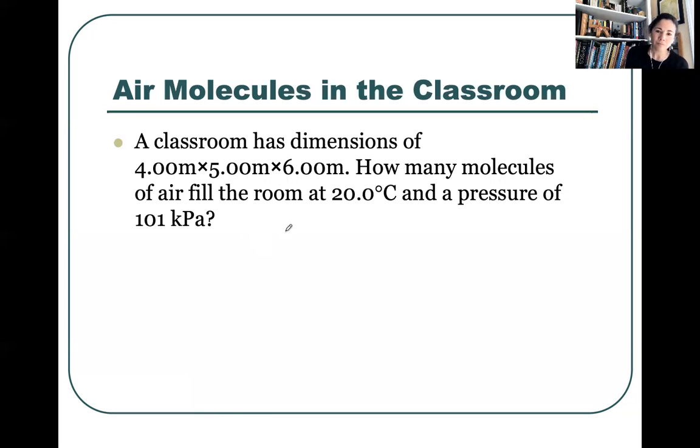So we just say that PV, so pressure times volume, is equal to NKT. All right, so in this particular case, we're going to be solving for N. We're given the temperature, 20, but you can see that this is given in degrees Celsius.